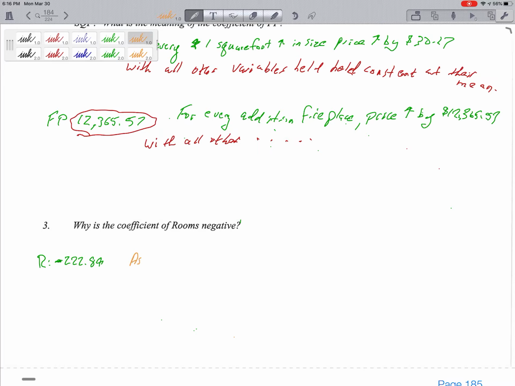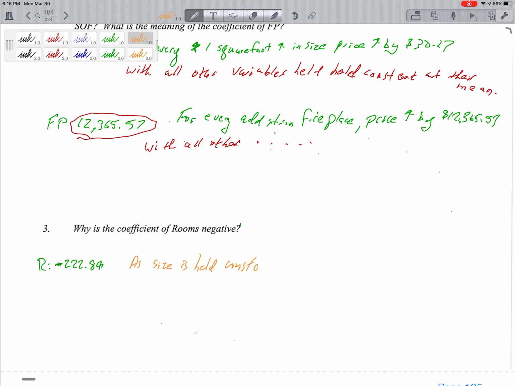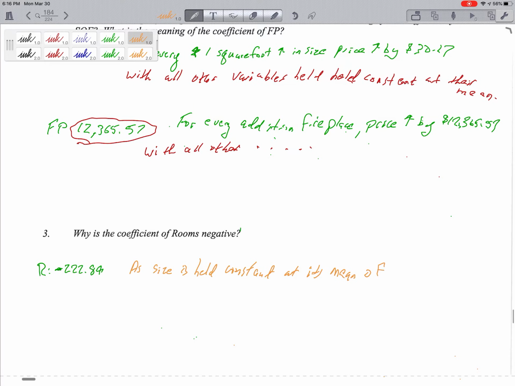So I'll just put that down here: as size is held constant at its mean of 1,806 square feet, then as we add rooms, they get smaller. And that, of course, has a negative effect.